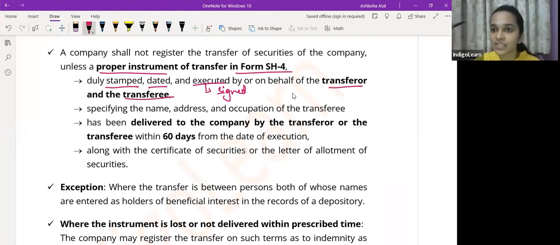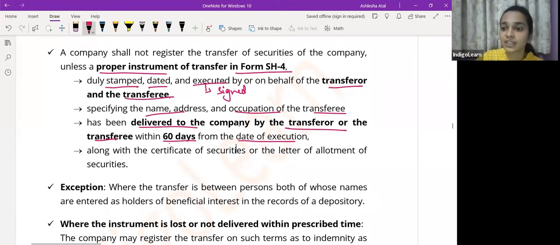So जो भी requirements हमने देखे थे, right now all those things have been stated here. It should also specify the name, address and occupation of the transferee, and has to be delivered to the company by transferor or transferee within 60 days from date of execution. So 60 days के अंदर ये document जो है वो deliver कर देना चाहिए transferor या फिर transferee ने to the company.